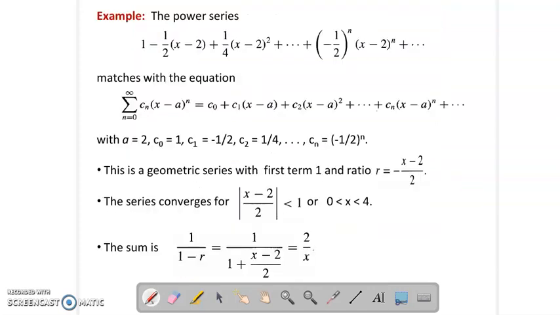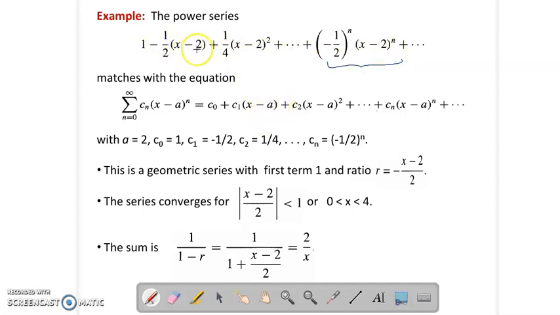Now we see the next example. See this power series, 1 minus 1/2 into (x minus 2) plus 1/4 into (x minus 2) whole squared, and we keep on going like this, and this is the nth term of the series.